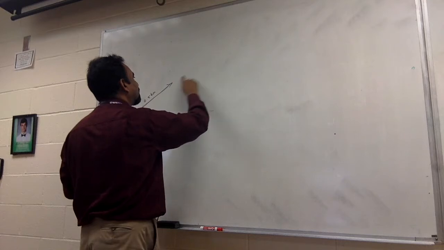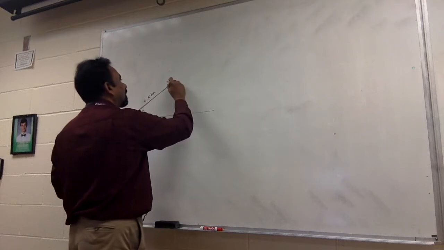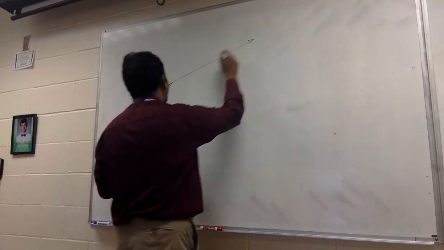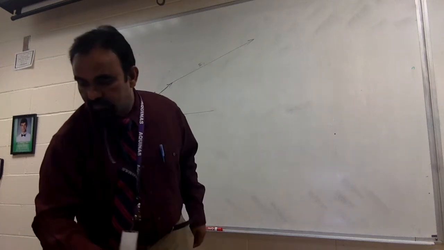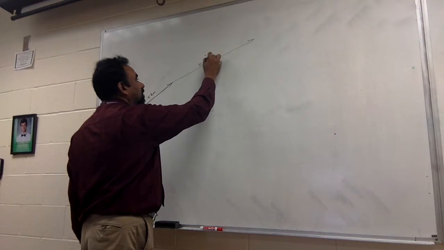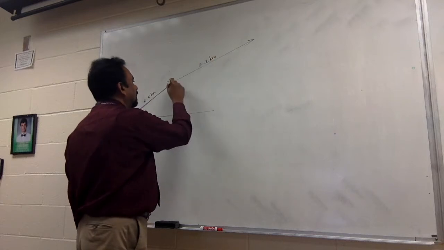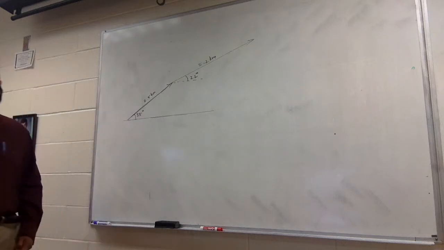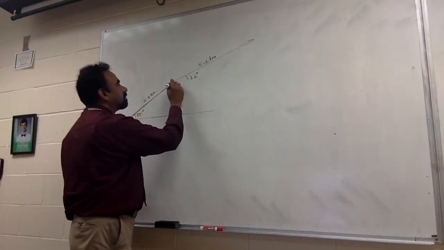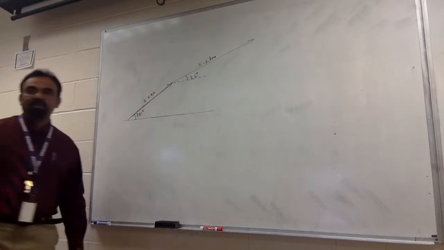It's going to tilt a little bit. So it's going to go like this. And how much? 5.2 kilometers. And then the angle is? Okay? This is what is happening.